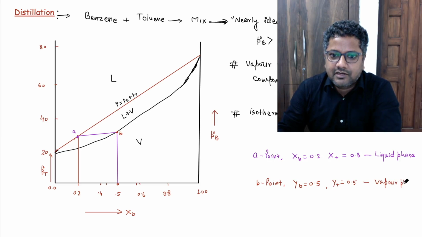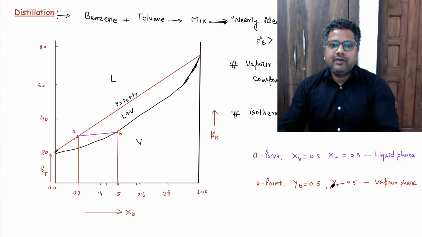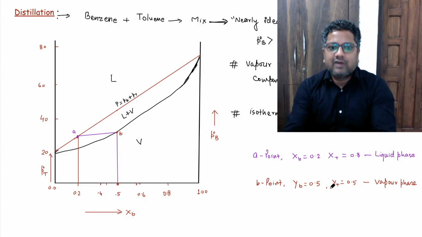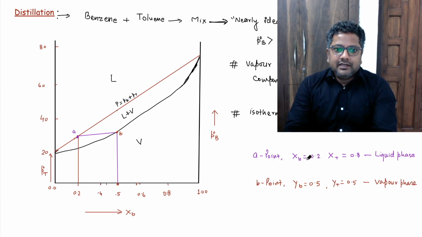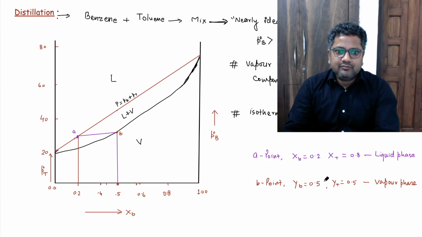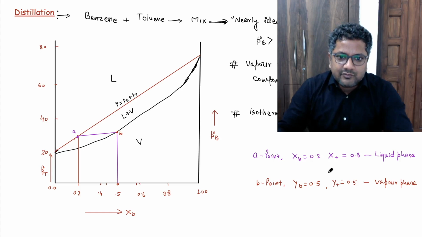Now tell me, vapor is richer with respect to which component? See, in the liquid phase benzene is 0.2, and in the vapor 0.5.